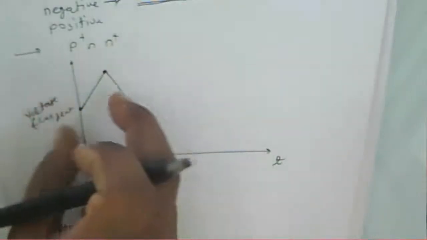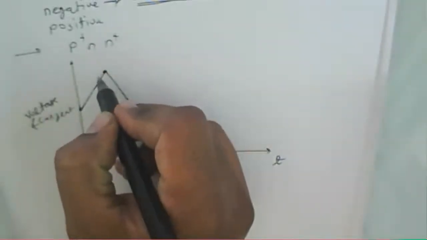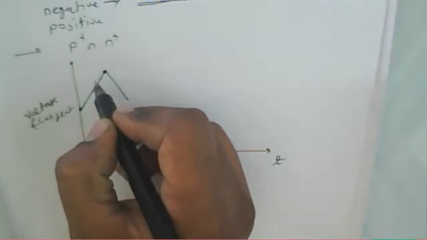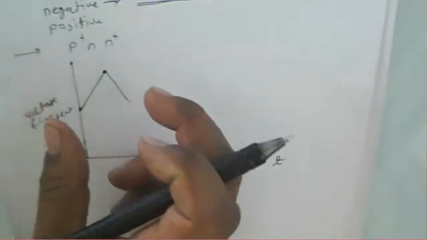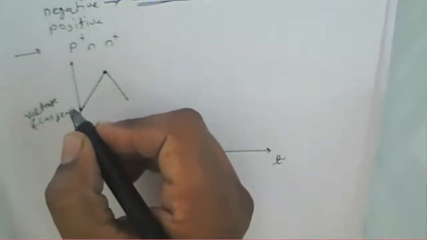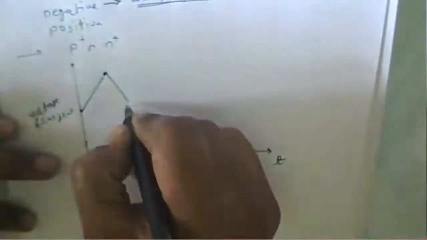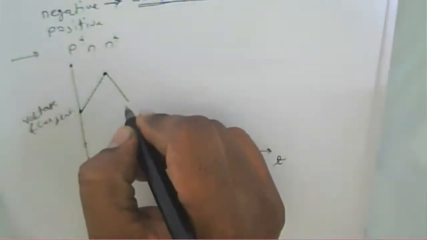In this particular region, when we apply the field, it will reach the breakdown voltage and then start decreasing, because whatever charges are present in that region start decreasing, and then the current starts decreasing.